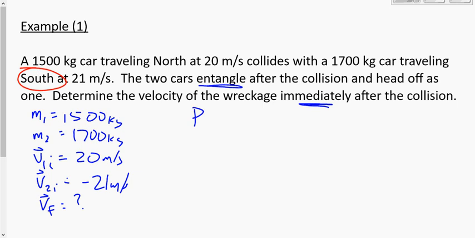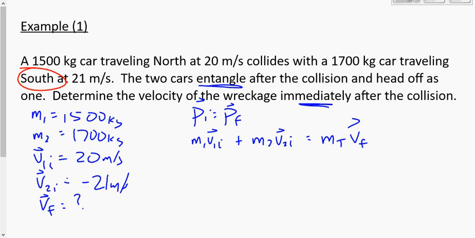Remember how I stated the law of conservation of momentum, Pi equals Pf. There are two objects, each with momentum, object number 1 and object number 2, before the collision. After the collision, how many objects do I have? 1. So I'm going to call it M total times VF. One term because there's one object. Before the collision, there's two terms because there's two objects.